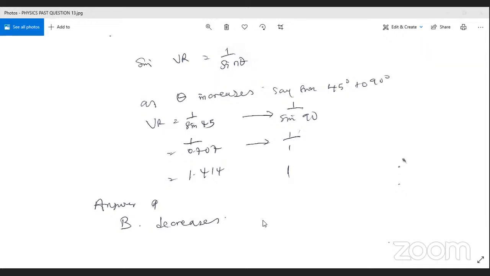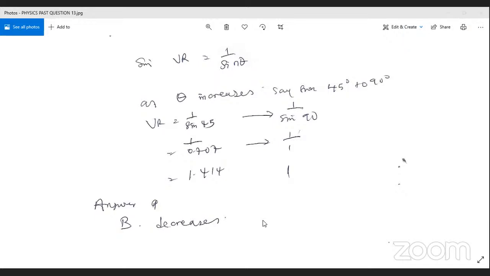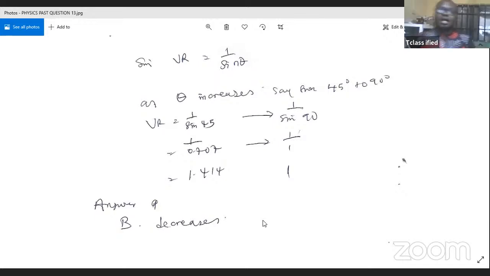How did you know it will be sine 90? No, I just assumed. You can actually assume any theta you want, but just make sure that the second one is bigger than the first one, because they want you to check once you are increasing the angle.